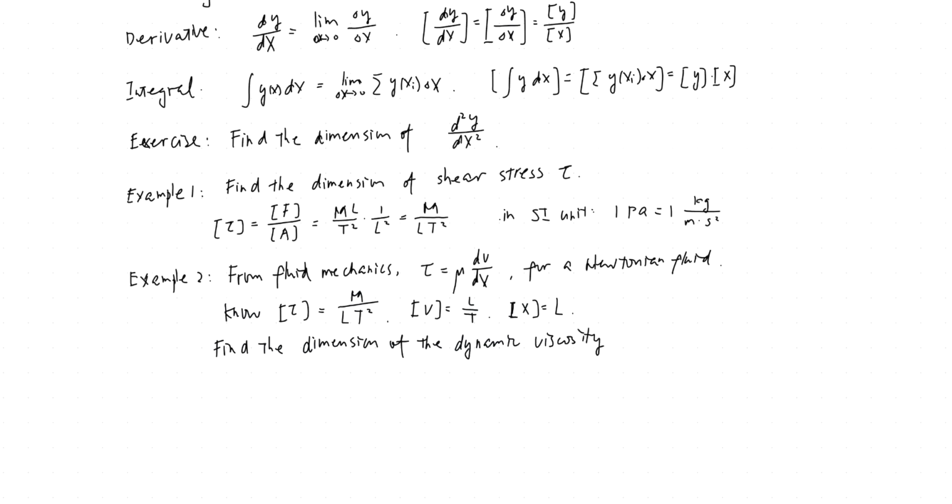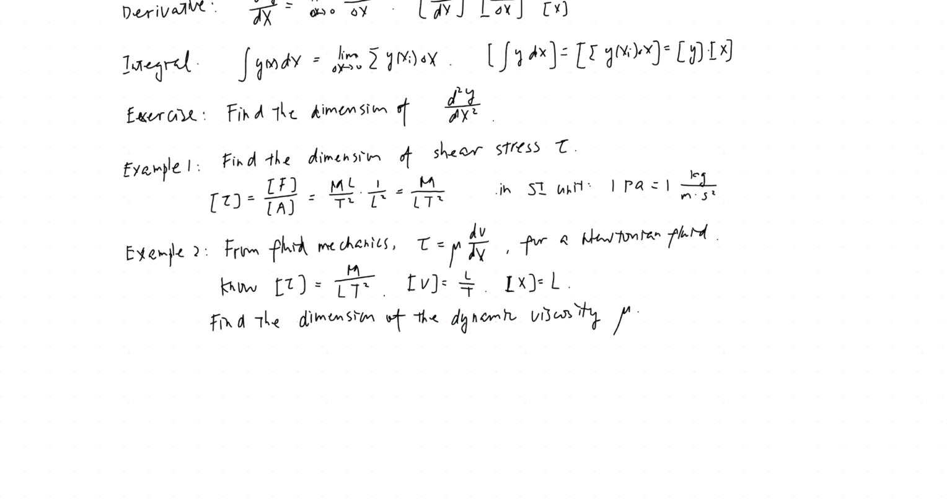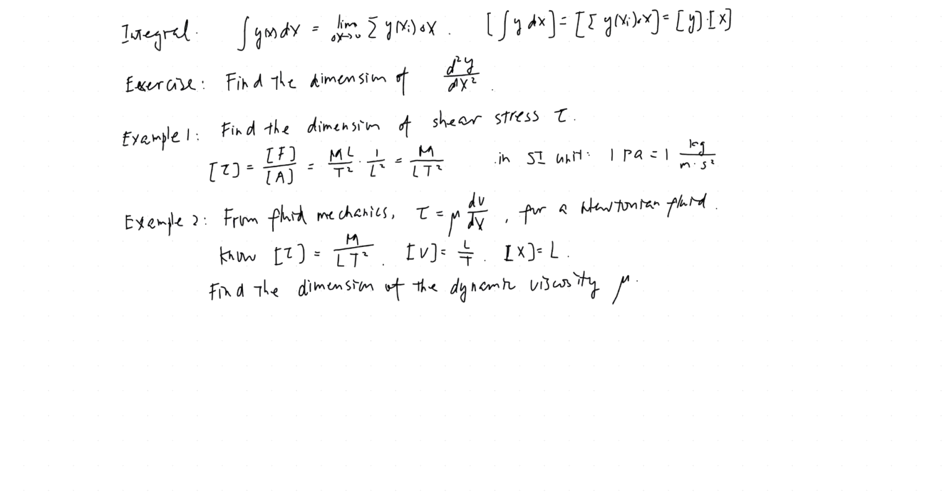Well, you may already remember by heart what the dimension of the dynamic viscosity is. Suppose you don't remember by heart, but you somehow know the stress and the velocity gradient relation for a Newtonian fluid.